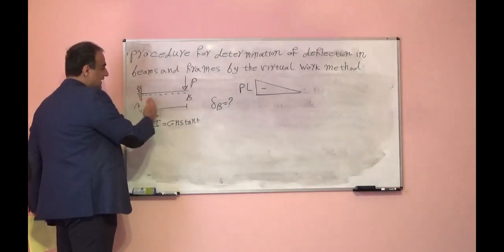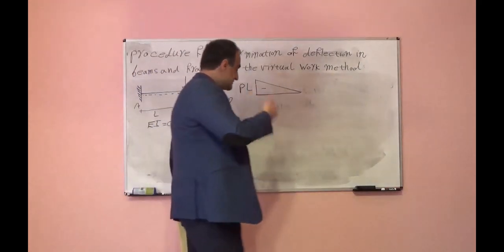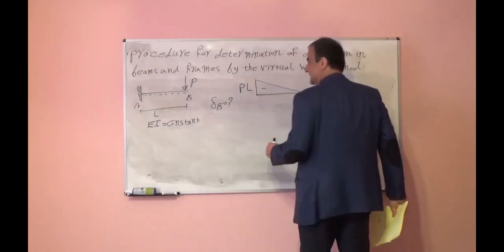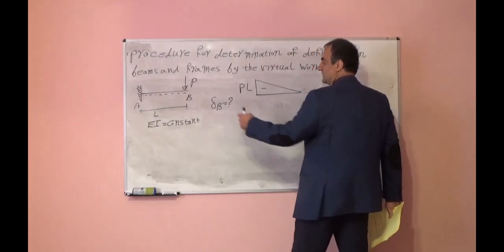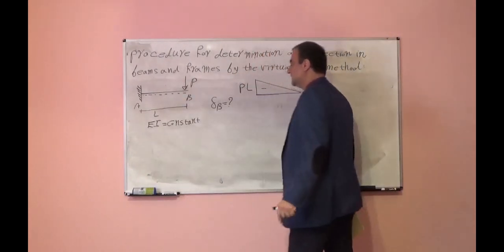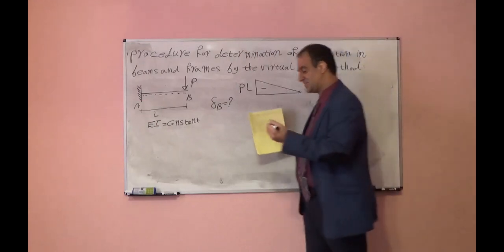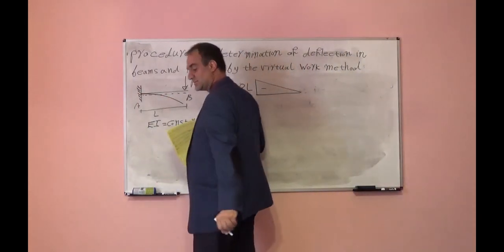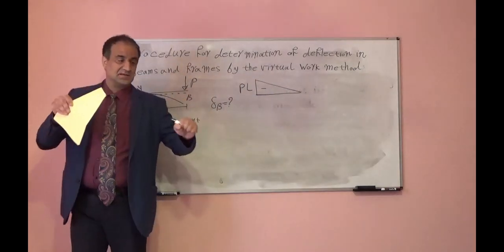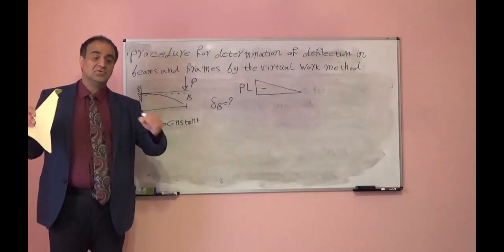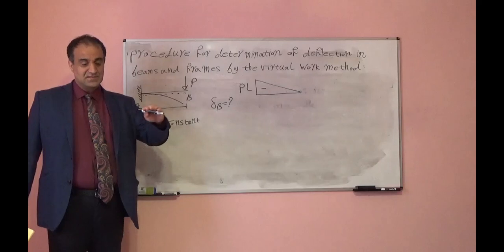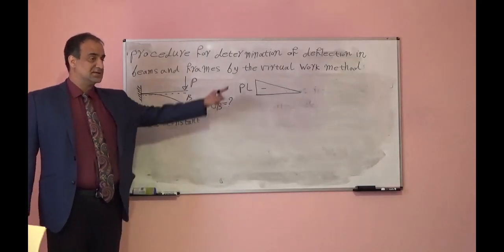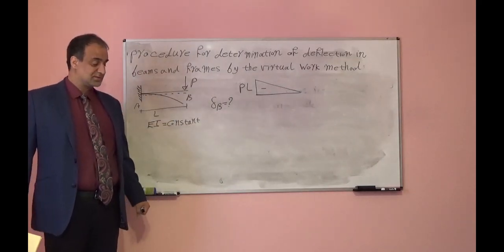Because from B to A, our distance is increasing, so moment will increase, and at support A will be P times L. Why negative? Because this beam will deflect like this. Underneath of the beam it is subjected to compression. Underneath of the beam, compression means negative moment.